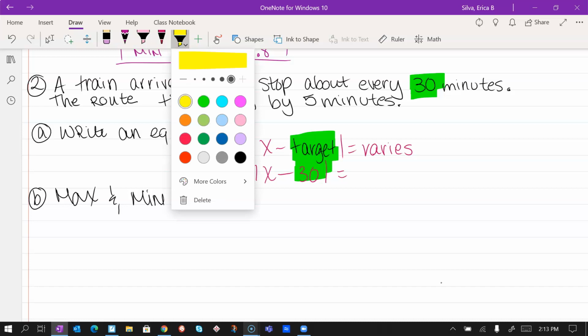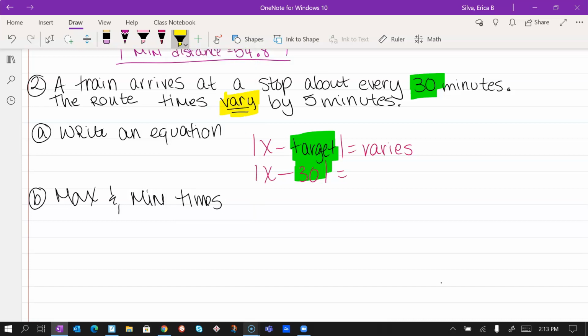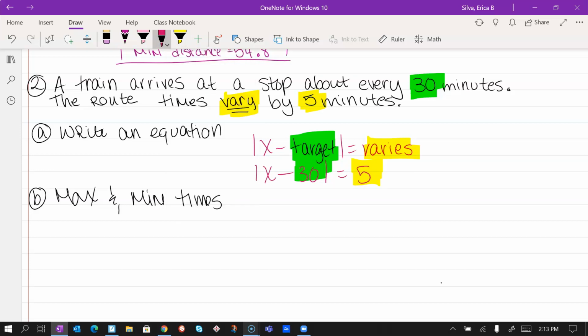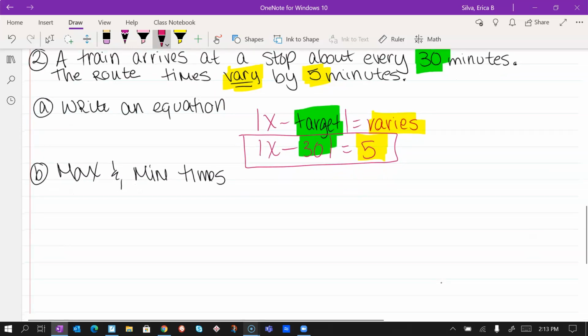And what is my varied amount? Perfect. So it varies by 5 minutes. So that's our give or take. So then this is my equation. And now let's solve so we can find our minimum and maximum times of our routes.